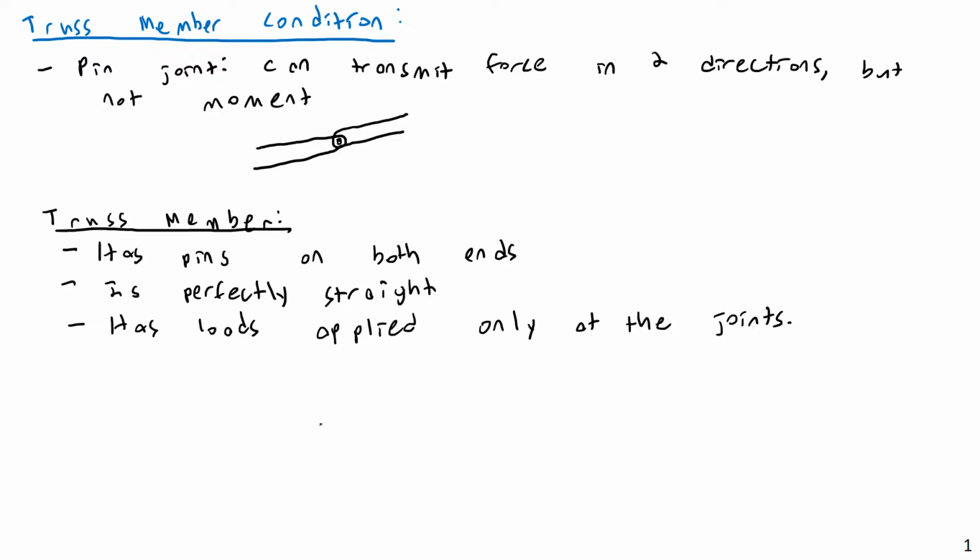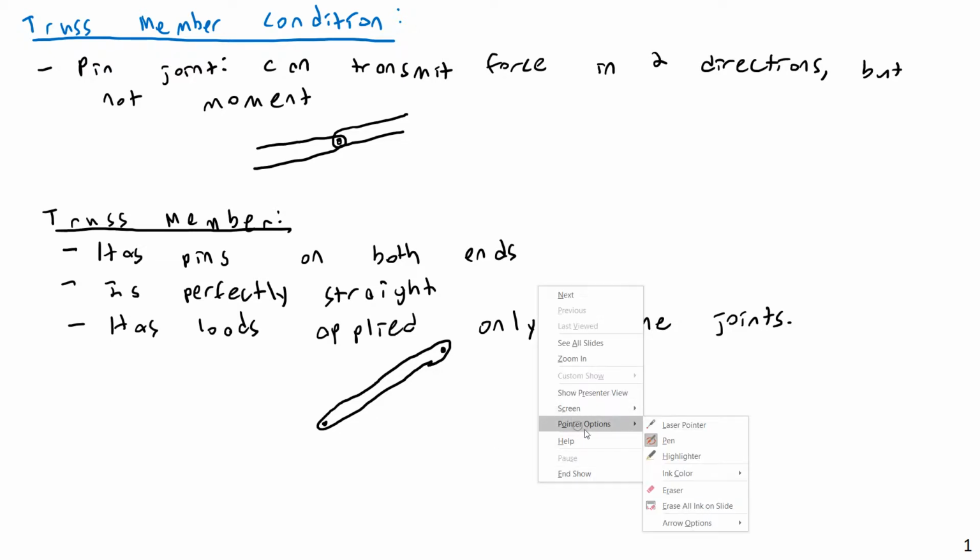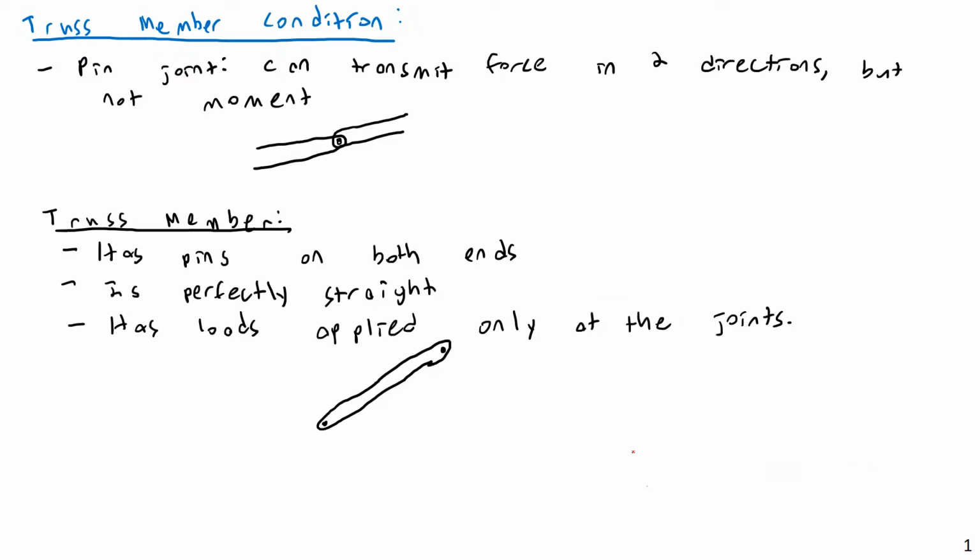So, in other words, I have a member like this. Maybe I can show it at an angle. I have a member that, unlike my drawing here, is perfectly straight, and it has pins, or you could also refer to these sometimes as moment releases, on both ends of it. And we can have loads on these, but any loads on this are going to be applied at the joints.